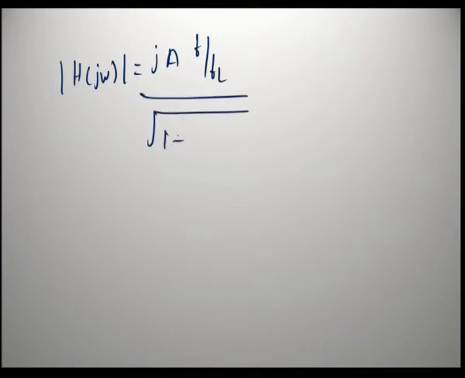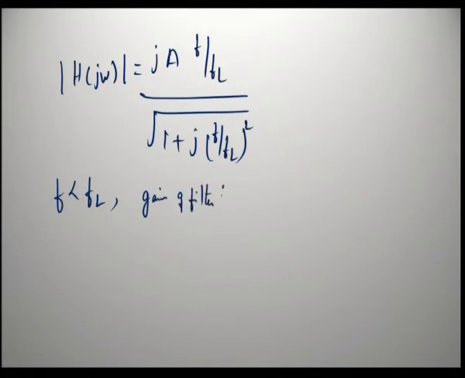Again, H of j omega is f by fl divided by root of 1 plus j f by fl the whole square. If f is less than fl, what happens to the gain of the filter? If f is less than fl, then the total gain is very low.